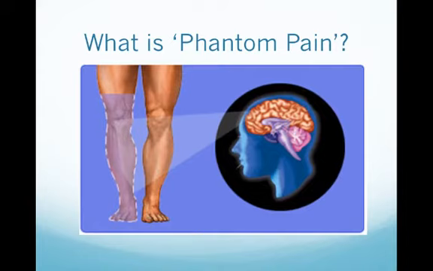Research also suggests that there is a reorganization of the primary somatosensory cortex, and that there is a correlation between the extent of reorganization and the magnitude of phantom pain experienced. So it's assumed that the more reorganization that occurs, the more severe the pain is, the more pain you feel.